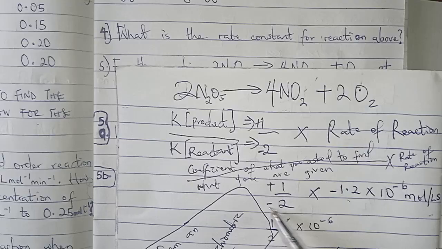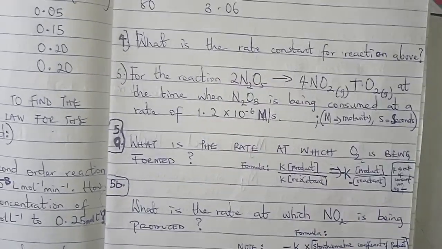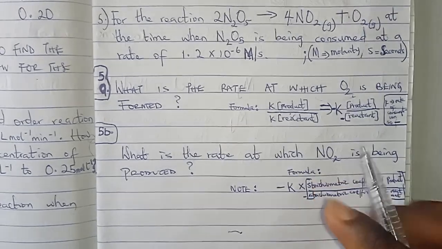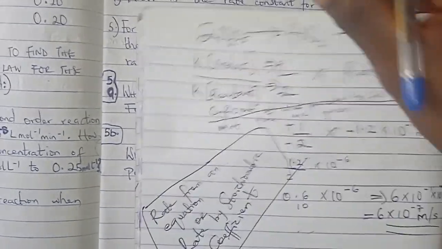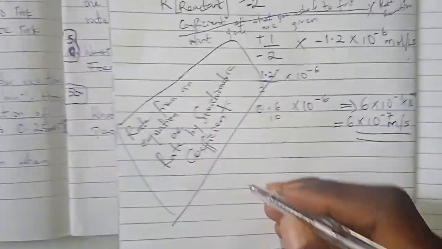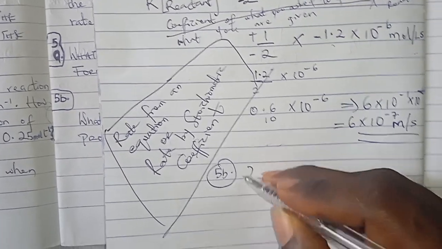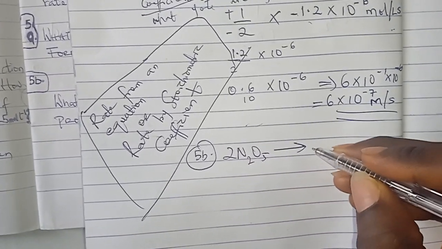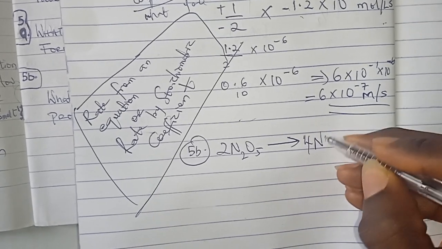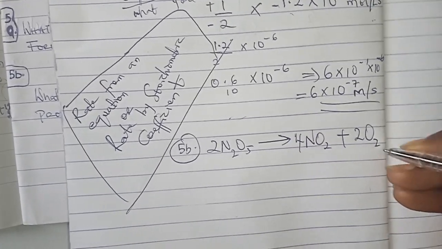By the time you multiply, minus will change to plus. So they said, what is the rate at which NO2 is being produced? From the same question, remember this is the equation, part 5b: N2O5, nitrogen pentoxide, gives nitrogen dioxide plus oxygen.